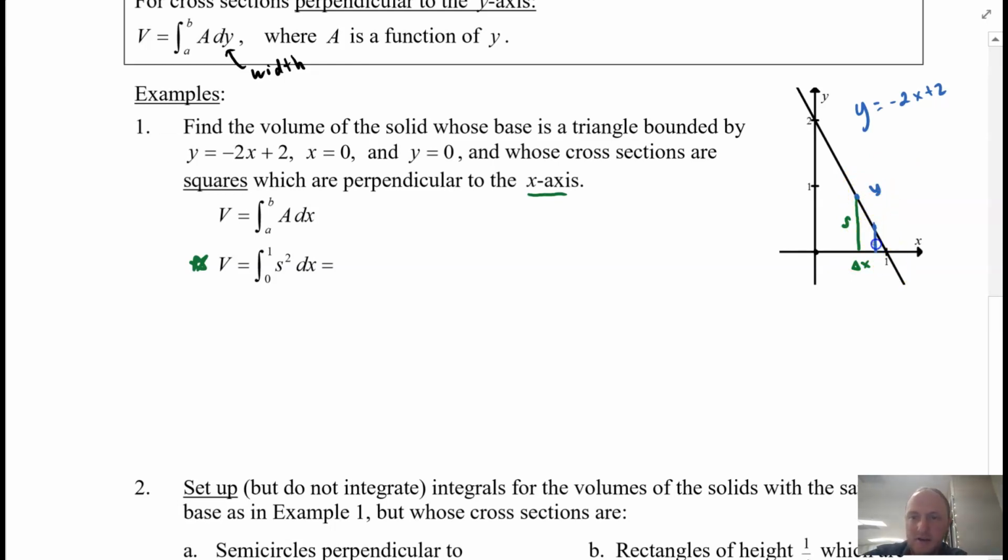So I'm going to substitute out s. This becomes the integral from 0 to 1 of whatever s is. s was whatever y is, and y is negative 2x plus 2, squared, dx.